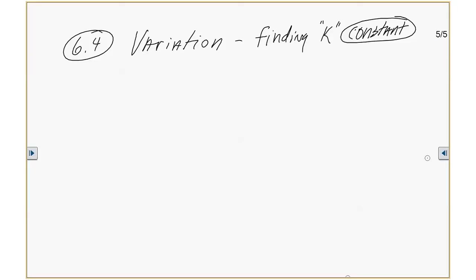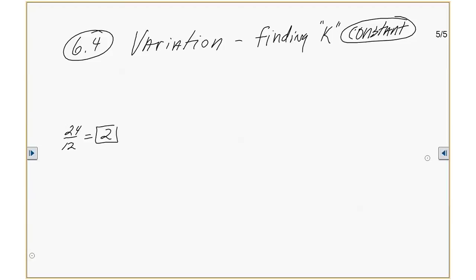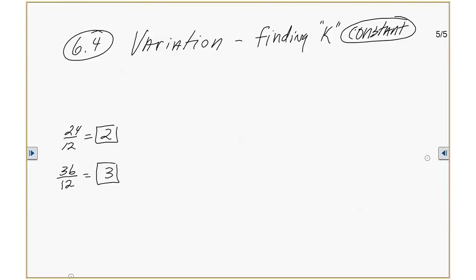What the whole point is, you found the first one to be 24 divided by 12, and that's equal to 2, so you learned to double the recipe. 36 divided by 12 is 3, so you tripled the recipe. Good job.